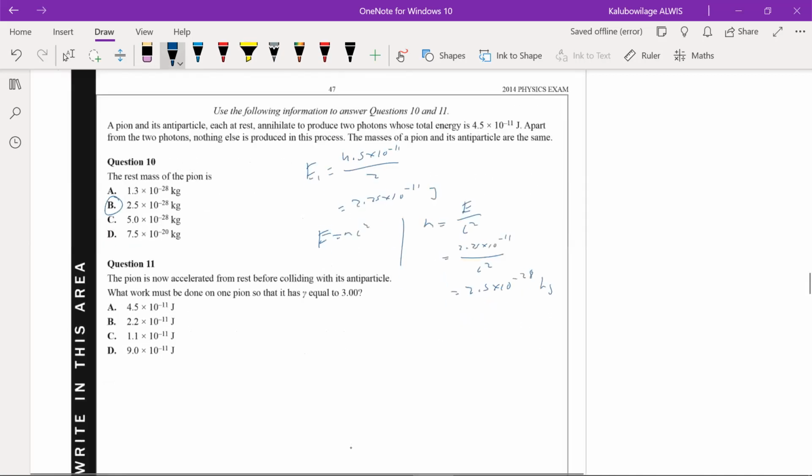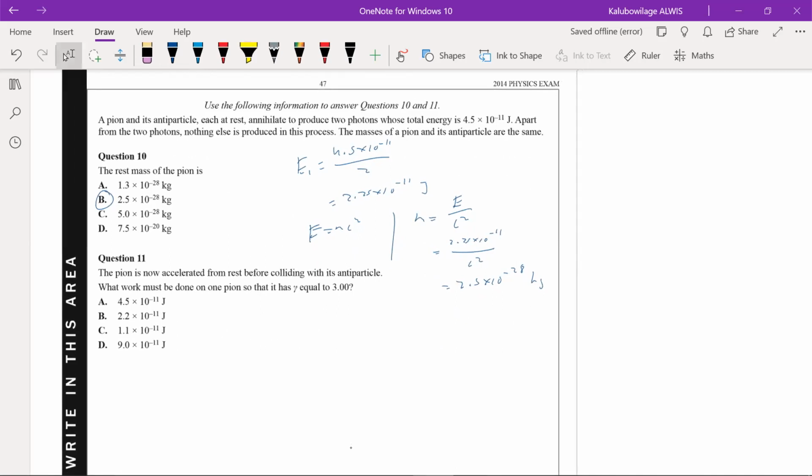Answer B. The particle is now accelerated from rest before colliding with an antiparticle. But work is just kinetic energy, which is gamma minus 1 times mc squared. So gamma, the Lorentz factor, is 3.